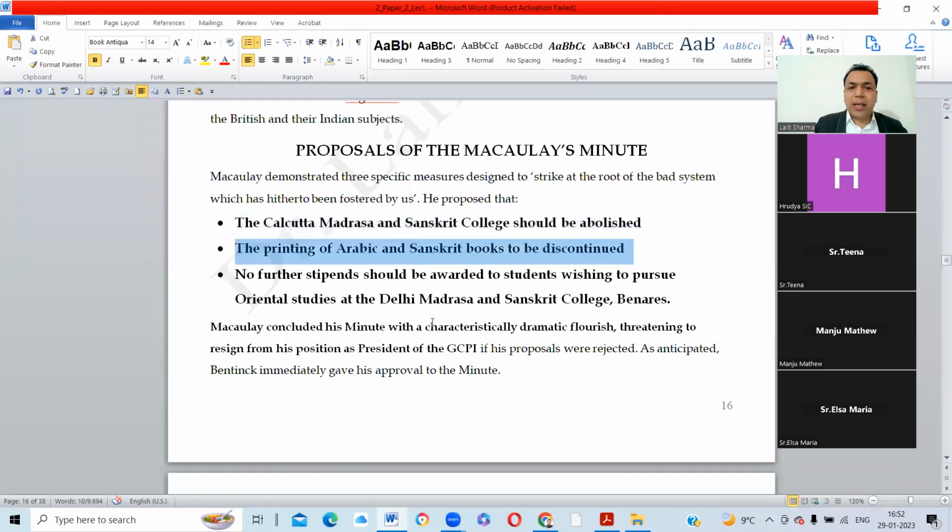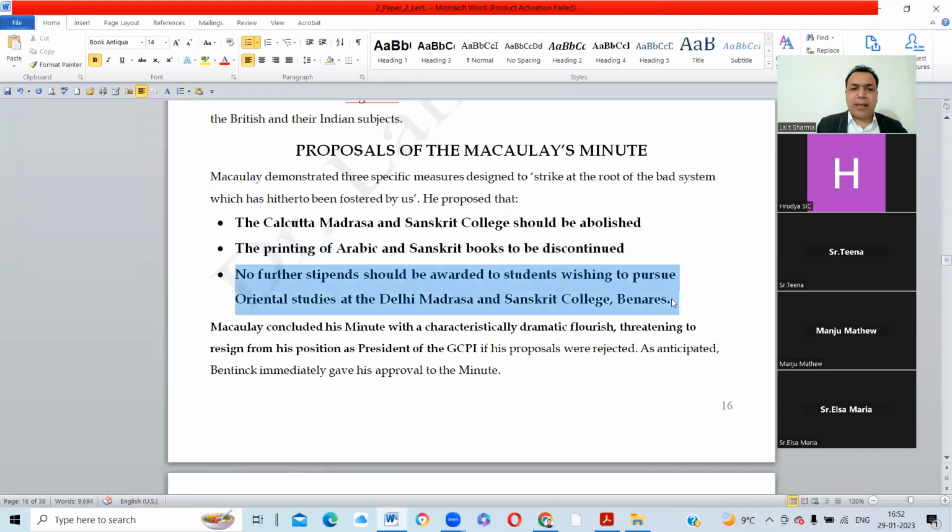Second, the printing of Arabic and Sanskrit books to be discontinued. Next, no further stipend should be awarded to students wishing to pursue Oriental study. Oriental means Indian study. Oriental studies at Delhi Madrasa and Sanskrit College, Banaras.